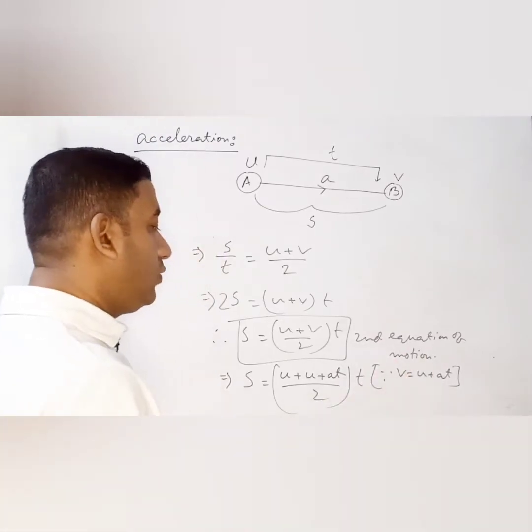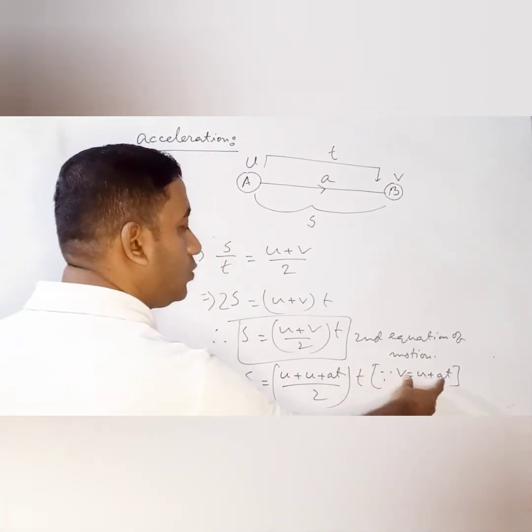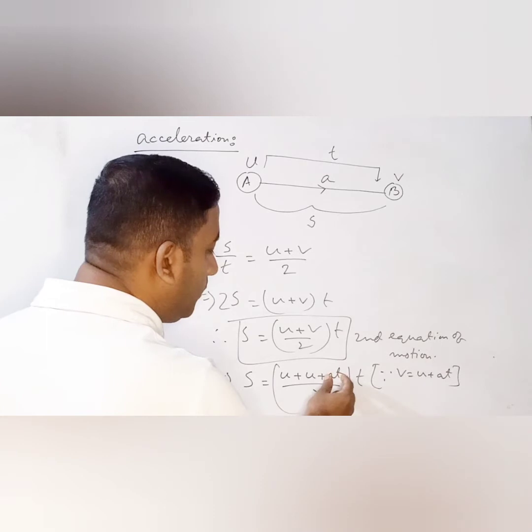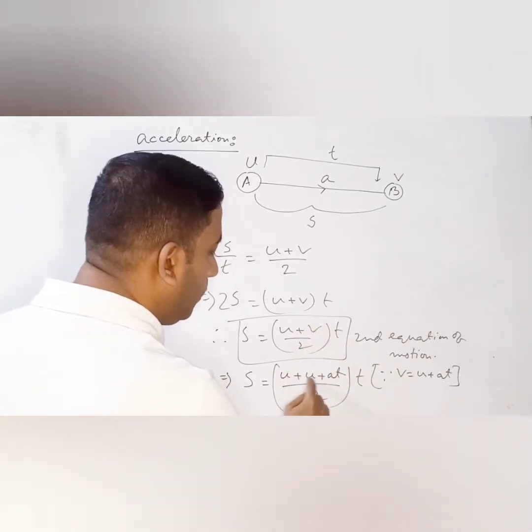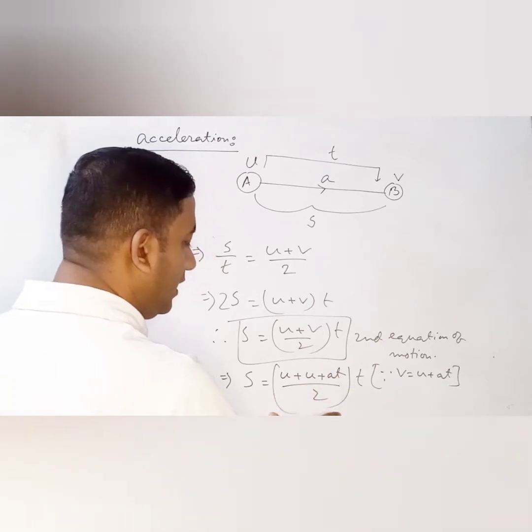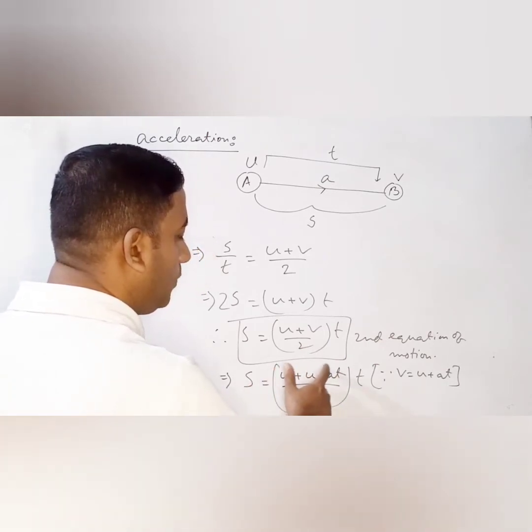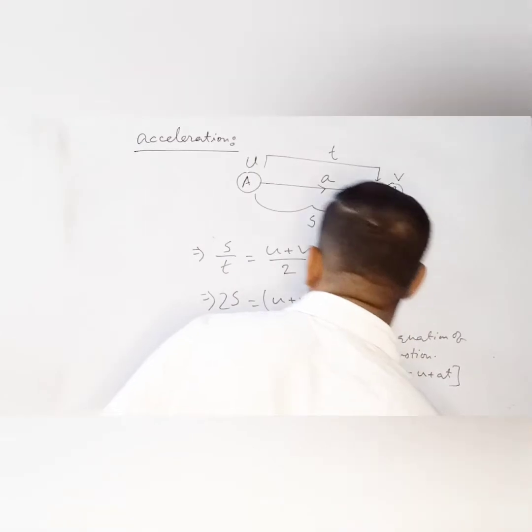In our first equation of motion we got v equals u plus at. If we put the value of v equals u plus at, then it will be u plus at divided by 2.